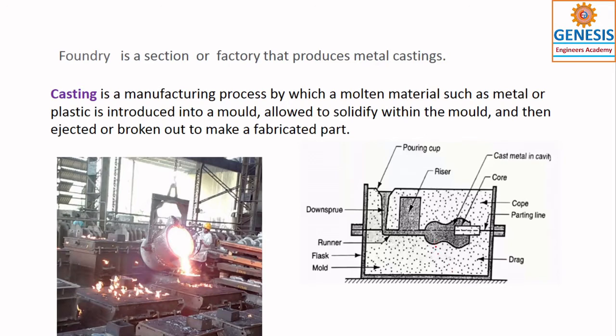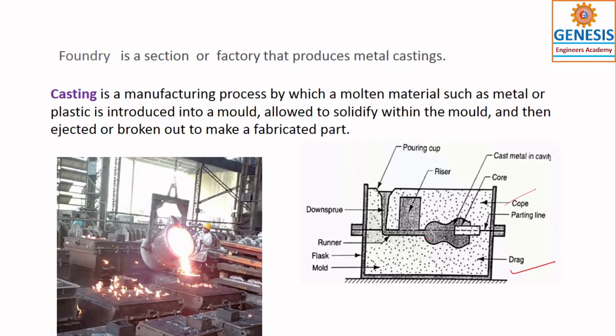The drag is always downward. The cope is where the riser and sprue are located, and there are numerous types of mold cavities. The line which divides the sand in the cope and the sand in the drag, we call the parting line.